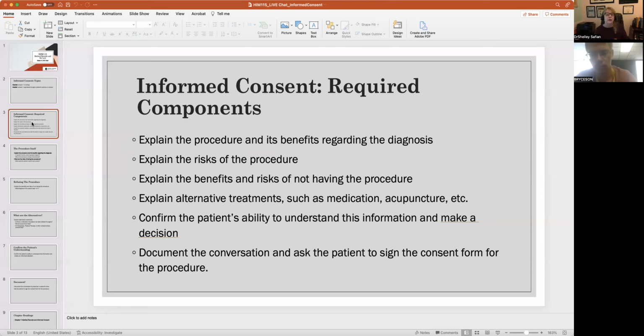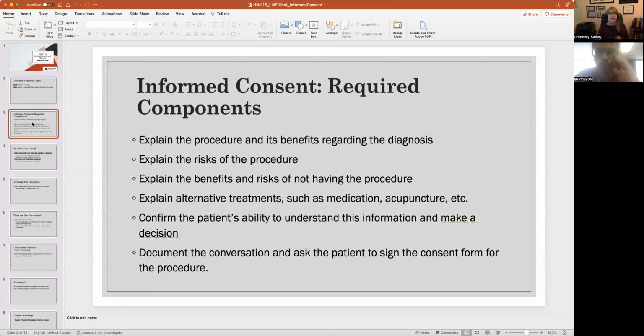What are the benefits regarding the diagnosis? Okay. There are risks to every single procedure, and the provider is obligated to explain those risks. The benefits and risks of not having the procedure. So it needs to be explained to the patient.